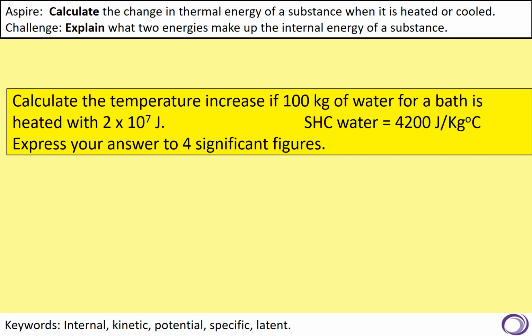Calculate the temperature increase if 100 kilograms of water for a bath is heated with 2 times 10 to the power of 7 joules. You need to answer this with 4 significant figures. So remember, put in the equation, then put your numbers in, then start to rearrange, and then remember the 4 significant figures.